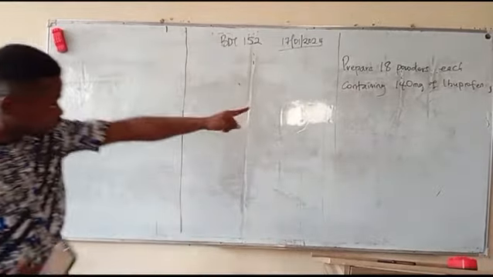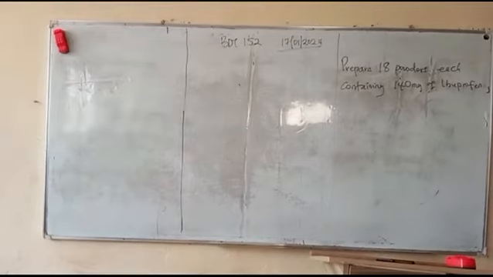I'll give you 3 minutes to work on this. Get your paper and start doing something. Let me see what you are doing. At this juncture, you should be able to do something.